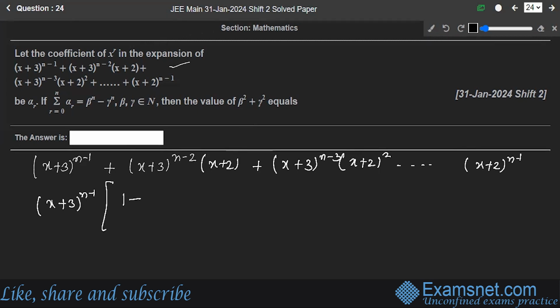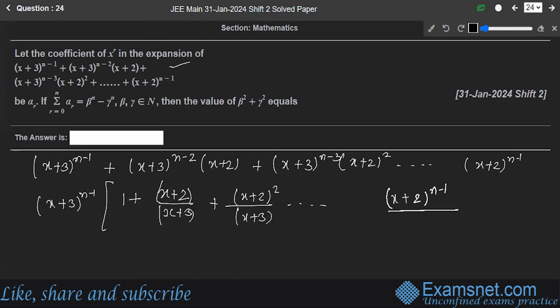Here will be 1, and this one will give me (x+2)/(x+3) plus (x+2)^2/(x+3)^2, and so on, the last one will be ((x+2)/(x+3))^(n-1). And the denominator will be (x+3)^(n-1).